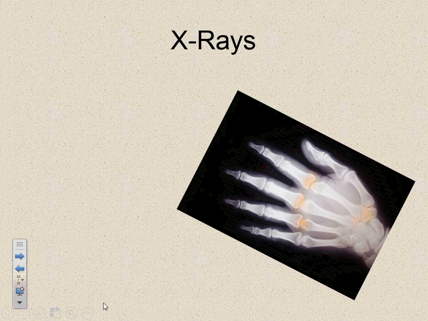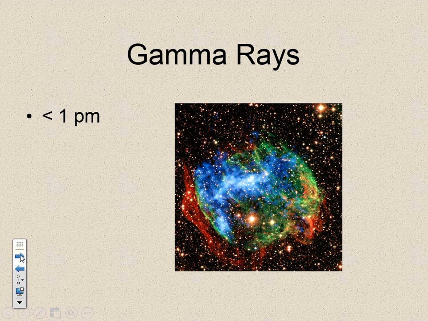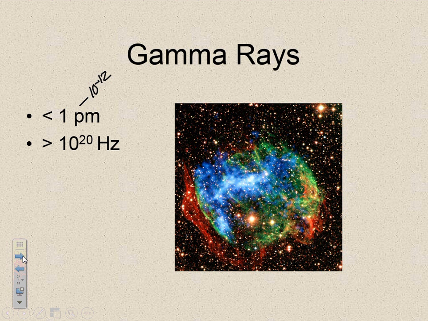X-rays, you know, can look at your bones or your teeth. The wavelength is less than 10 nanometers, and the frequency is greater than 3 times 10 to the 16th hertz. For gamma rays, those are the shortest, they're less than 1 picometer for their wavelength. Picometer is 10 to the negative 12th, and their frequency is 10 to the 20th and higher hertz.